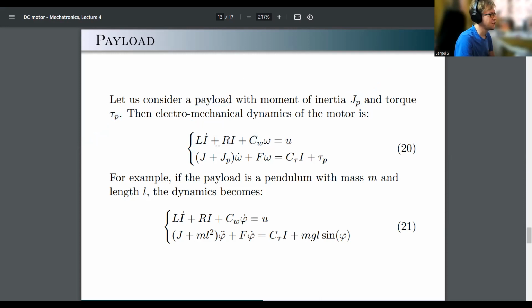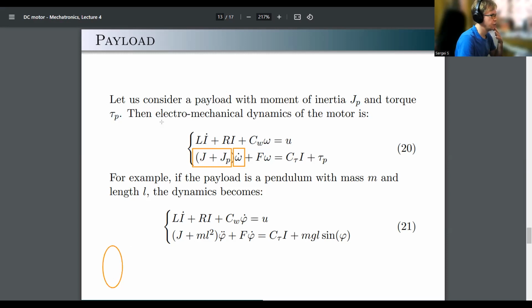Now, time to go to the mechanical equation, which is different. So here's the rate of change of angular velocity. And in front of it, we have a sum of two moments of inertia. Moment of inertia of the motor plus the moment of inertia of the payload. The way you could visualize this is by thinking of a motor.